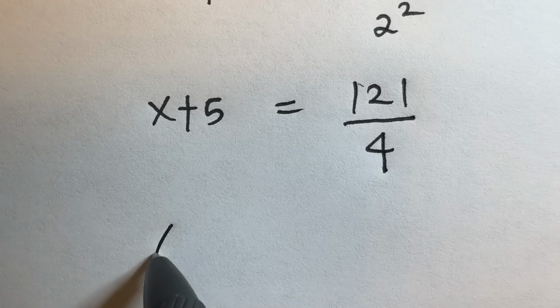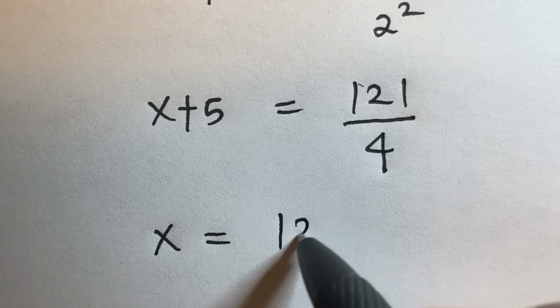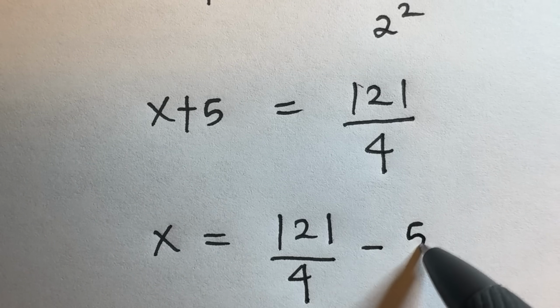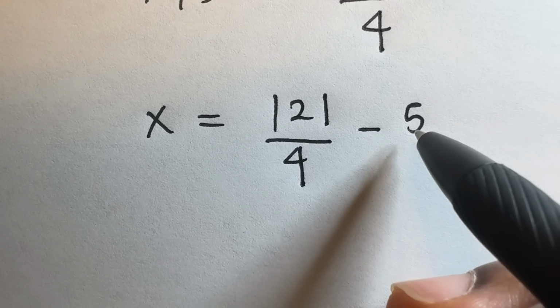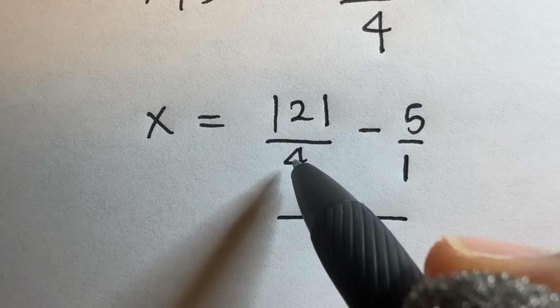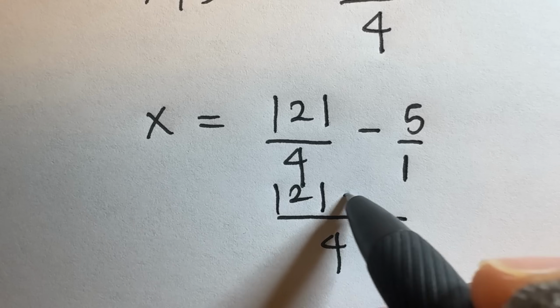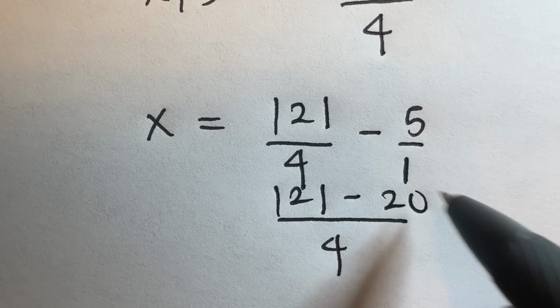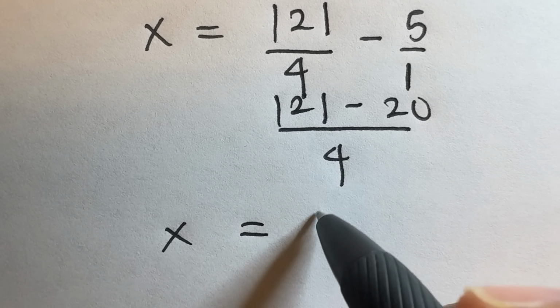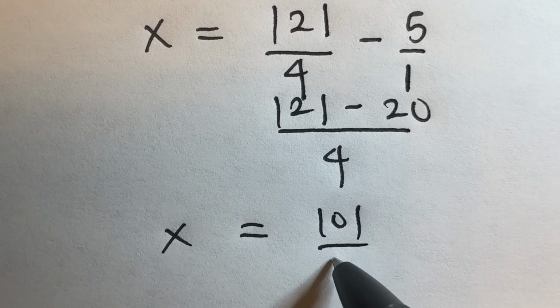So we have x is equal to 121 divided by 4 minus 5. We can find the LCM here, which will be 4. So this will give us 121 minus 20. And then x is going to be 101 divided by 4.